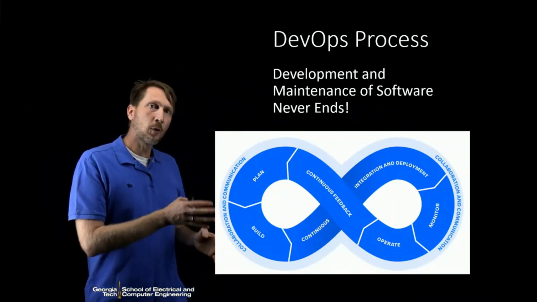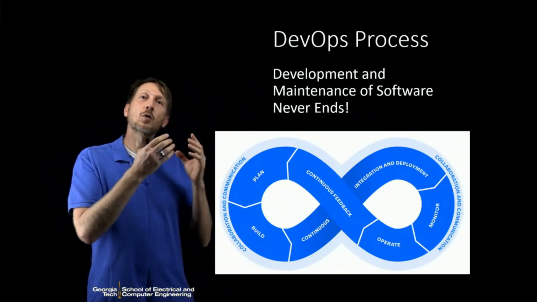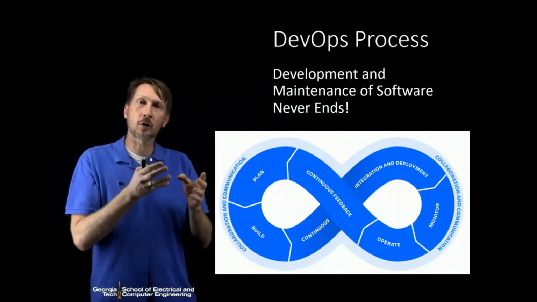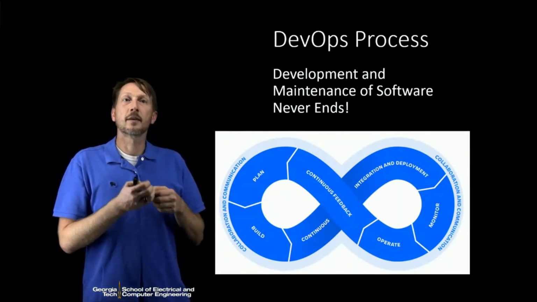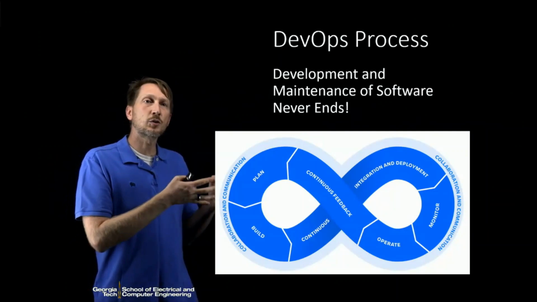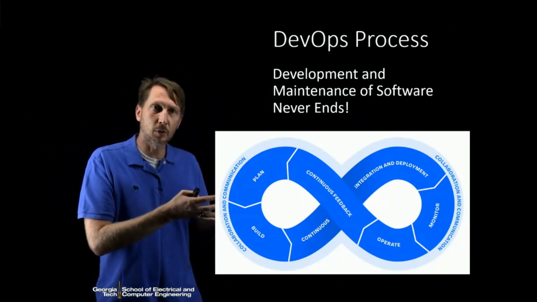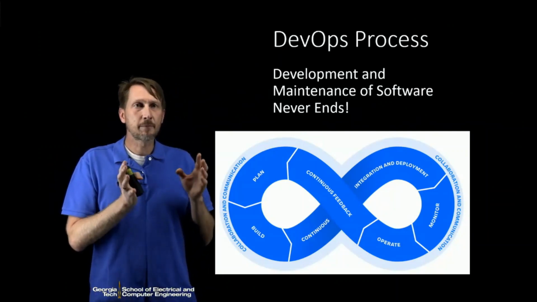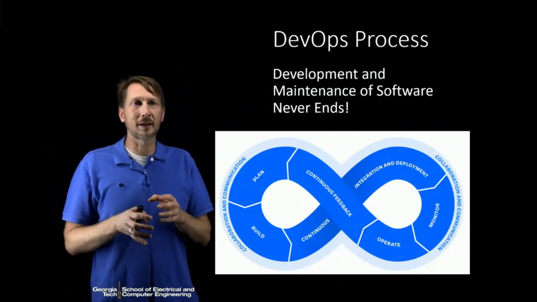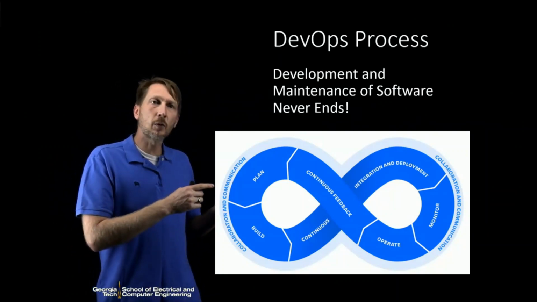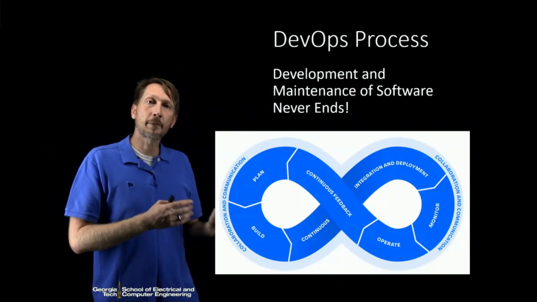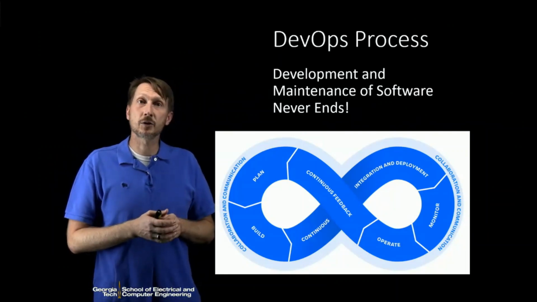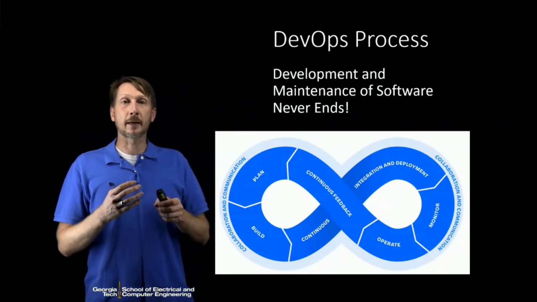So we start off with a planning phase, where you're going to outline what you're going to do for the current build phase. Then after the build phase, it goes into continuous integration and deployment. This period will be talked about a little bit more on the next slide. After that, we go into monitoring, operation, and feedback stages, then back to planning.